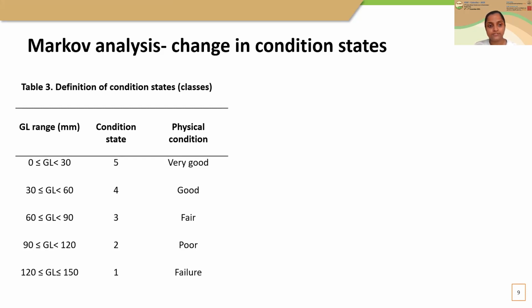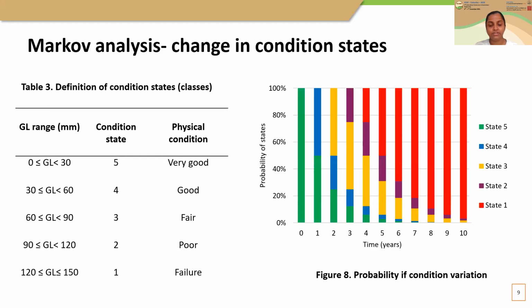So after knowing these 5 condition states, we can do a Markov analysis for the variation of these condition states with time. Here, the assumption made for the initial condition is that the road is at the very good or the best condition. So the probability at the start for condition 5 is 100%.